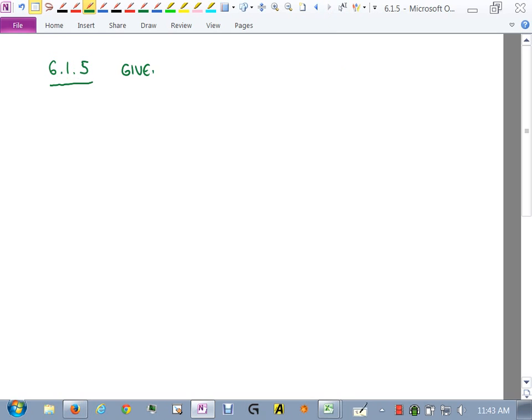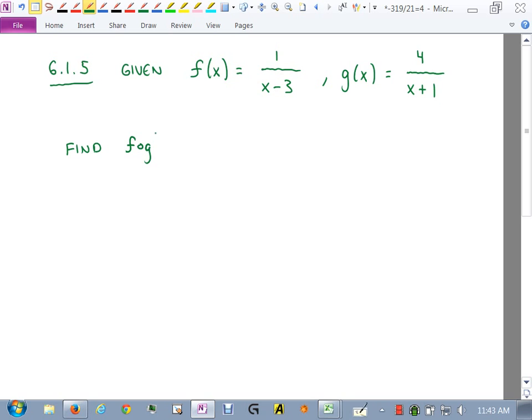Given f of x equals 1 over x minus 3, and g of x equals 4 over x plus 1. Find f of g of x and its domain.